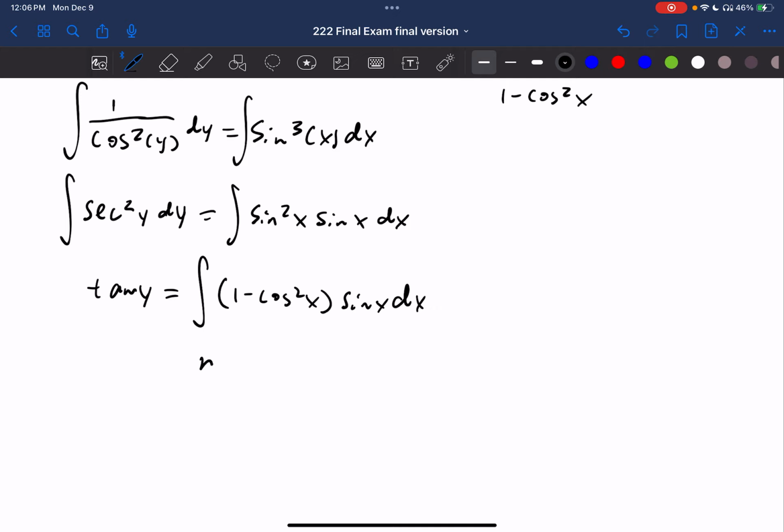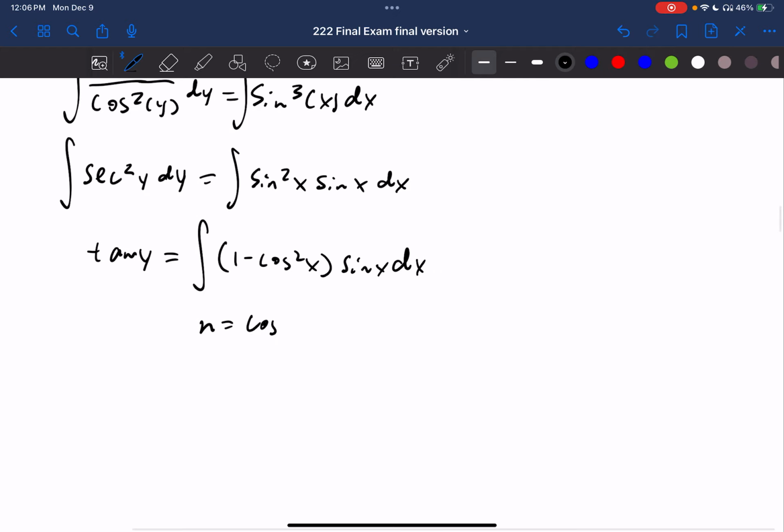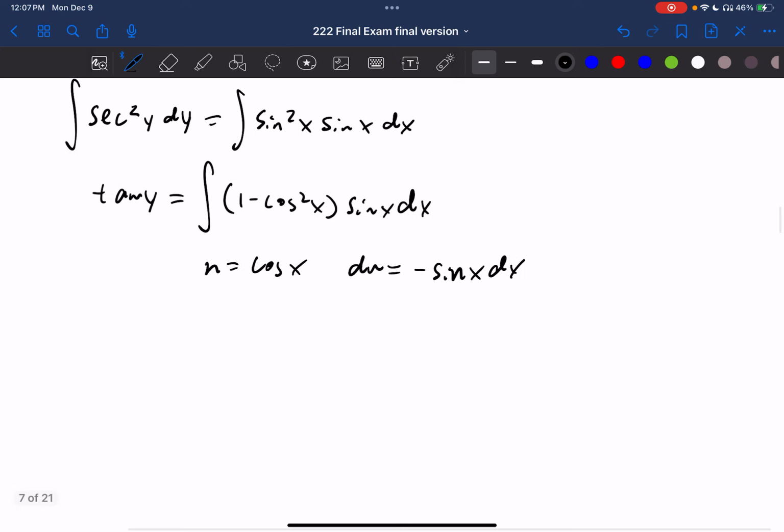We want to do this because if we do u is equal to cosine x, du will be equal to negative sine x dx. We see this sine and this sine will cancel, leaving us with a negative 1, but we can bring that out in front because it's a constant. Negative integral of 1 minus cosine squared, which is u squared, du.